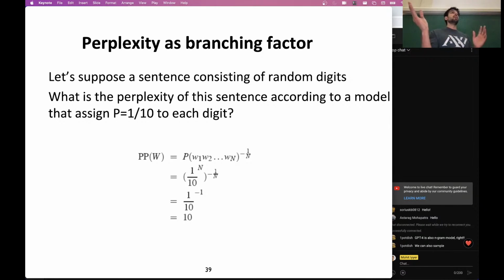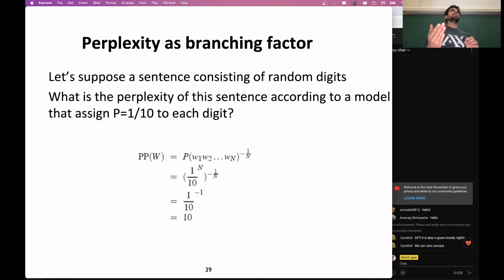There's only a small number of words that it considers reasonably likely given this prefix. So here, the model might assign equal-ish probability to maybe 5 or 10 words, and so it has a much lower perplexity than the first one. So you can view this as a kind of branching factor. Given any prefix, how many next words does the model think are reasonable? That's the basic intuition of perplexity.